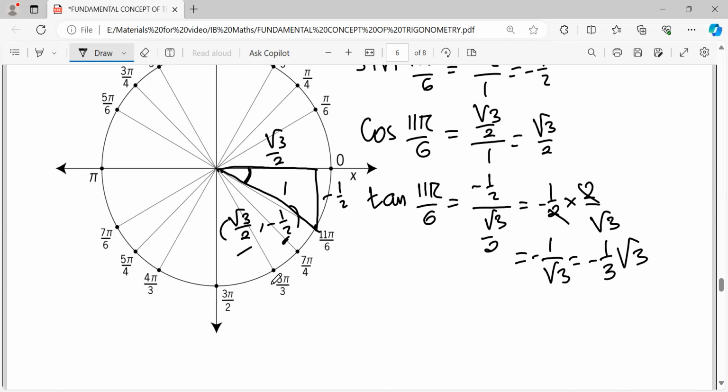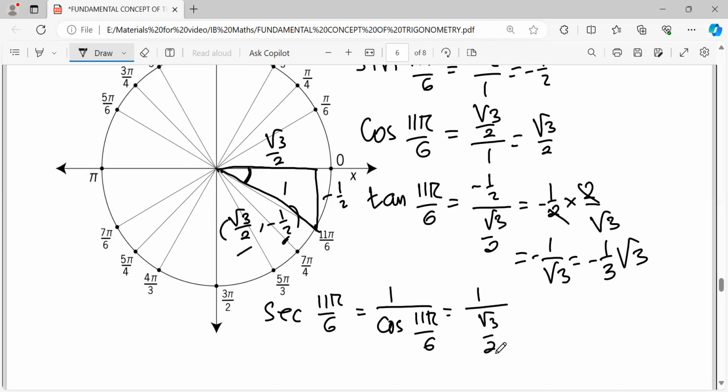And next, secant 11 pi over 6 equals 1 over cosine 11 pi over 6, which is 1 over square root 3 over 2.